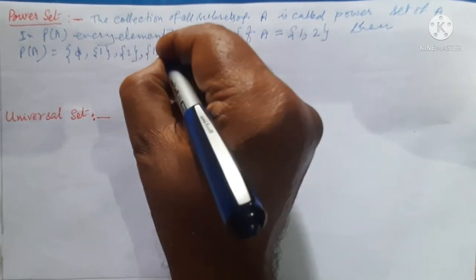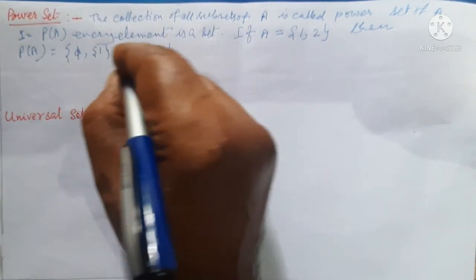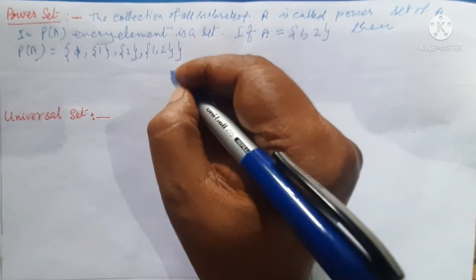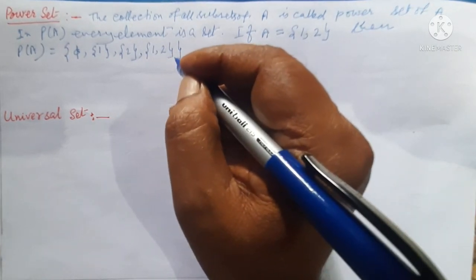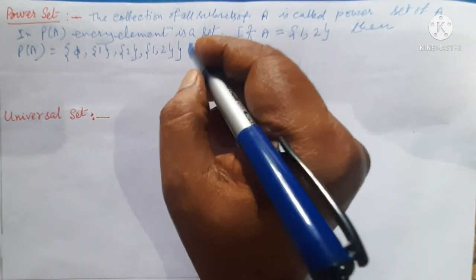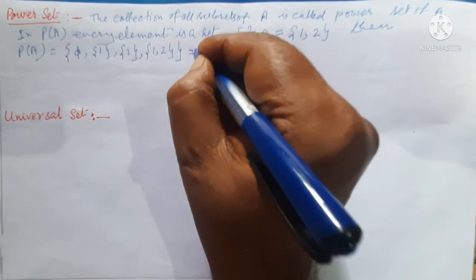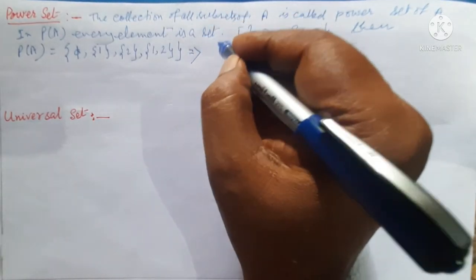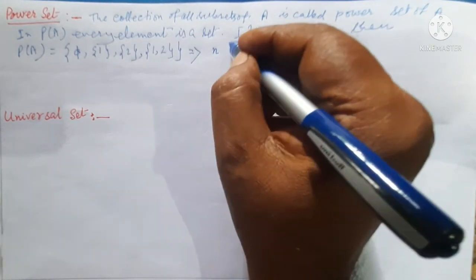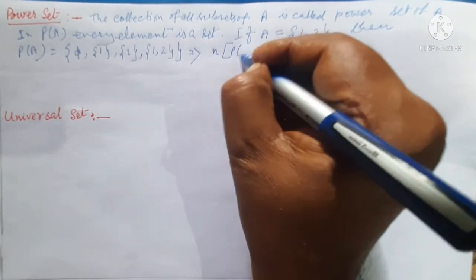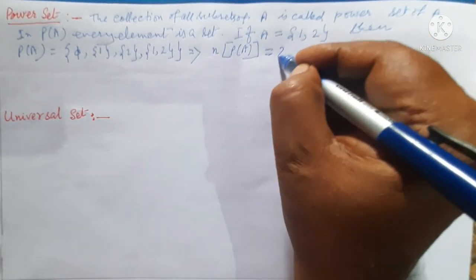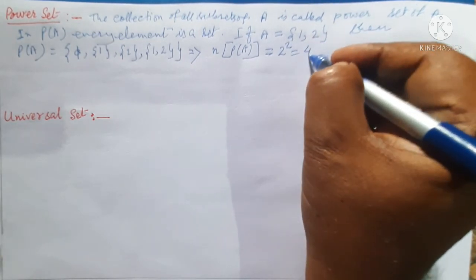That is 4 elements, which means the cardinality of the power set of A is 4. 4 in the sense 2 squared. It means the cardinal number of the power set of A is equal to 2 squared, that is 4.